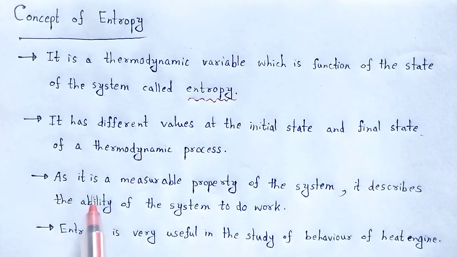Again, as it is a measurable property of the system, it describes the ability of the system to do work, meaning it describes the disorderliness of a particular system. Entropy is also very useful in the study of the behavior of a heat engine.